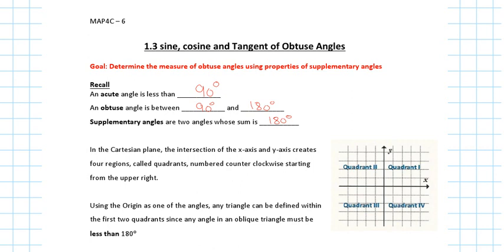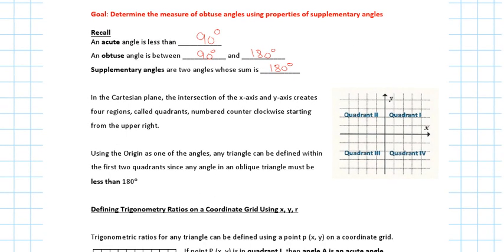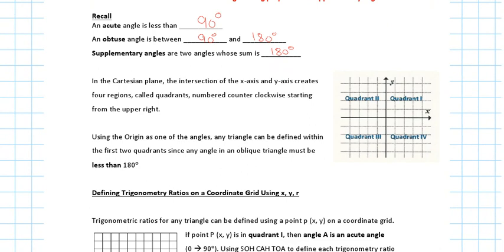Using the origin as one of the angles, any triangle can be defined within the first 2 quadrants, since any angle in an oblique triangle must be less than 180. No matter what triangle I draw, any angle has to be less than 180 because all 3 angles should equal 180.